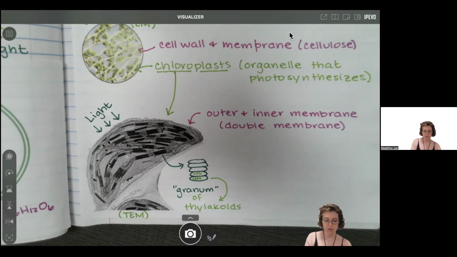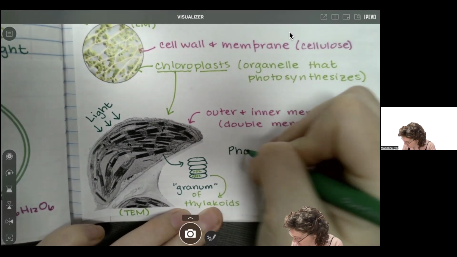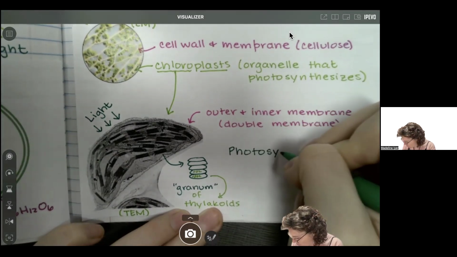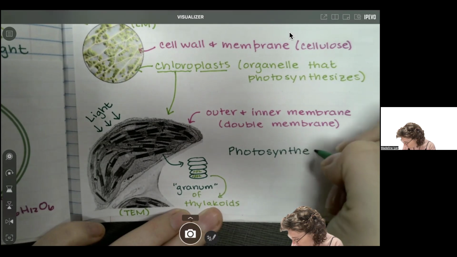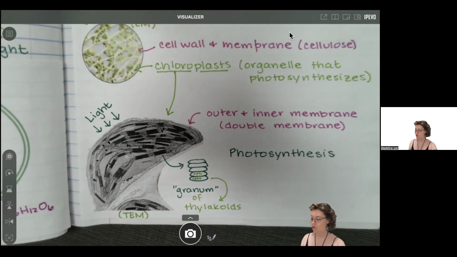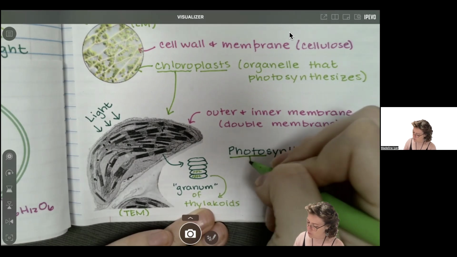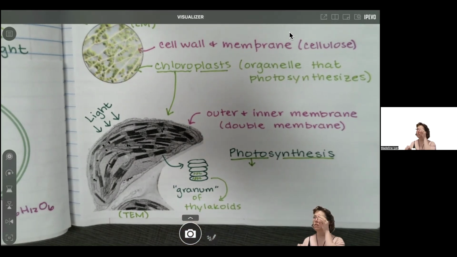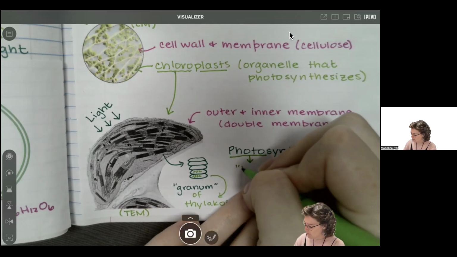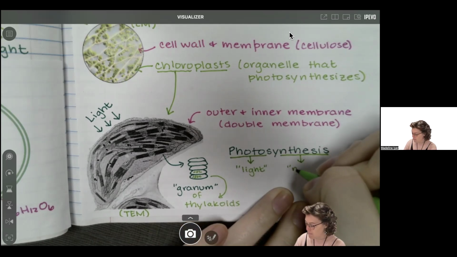Actually, I'm going to switch colors on this one. So photosynthesis, we got two words here: photo and synthesis. What does photo mean? Think about it for a second. Well, photos capture light, and that's what we see as an image. So photo means light, and synthesis means to make something.